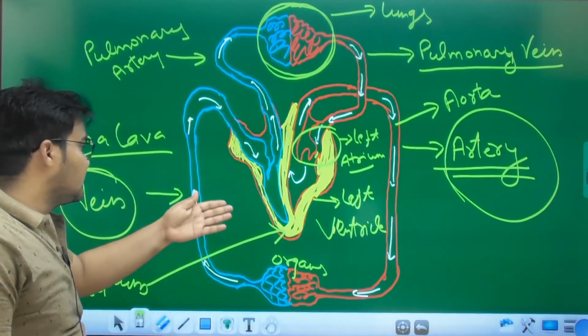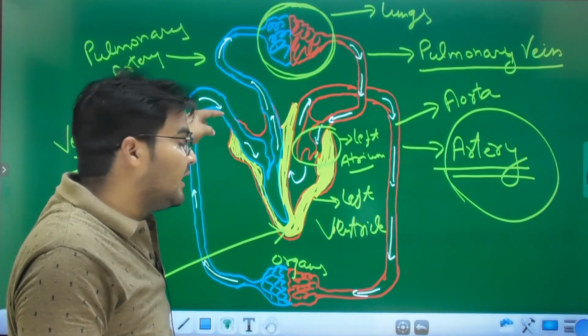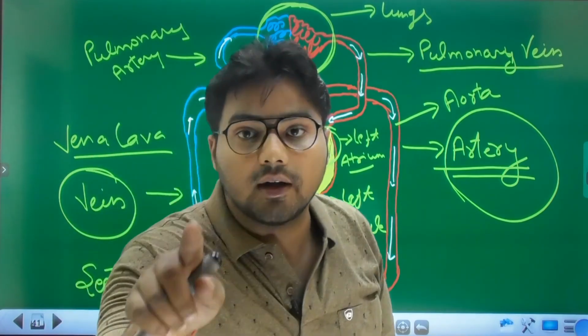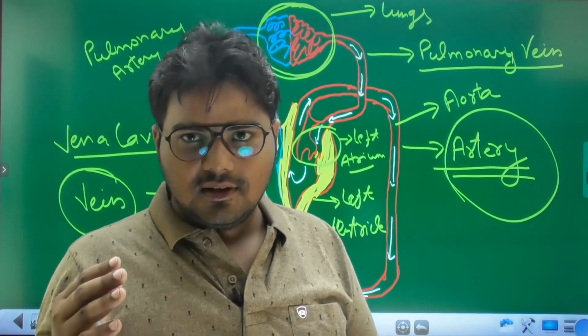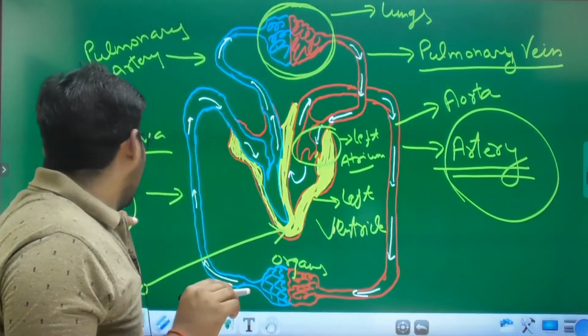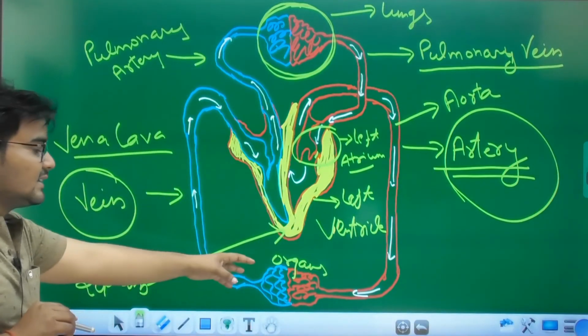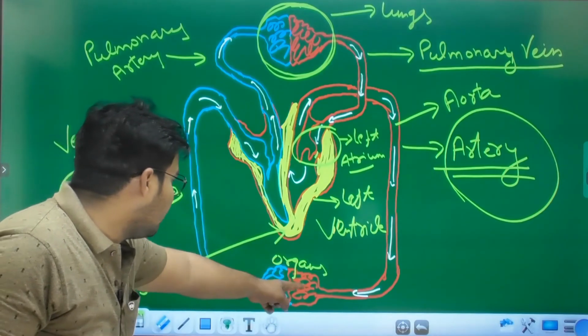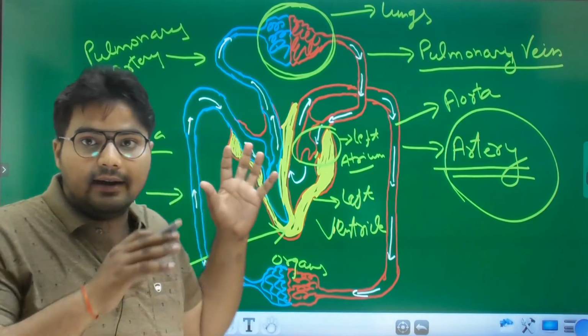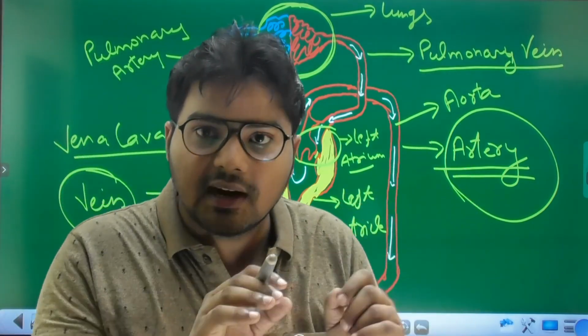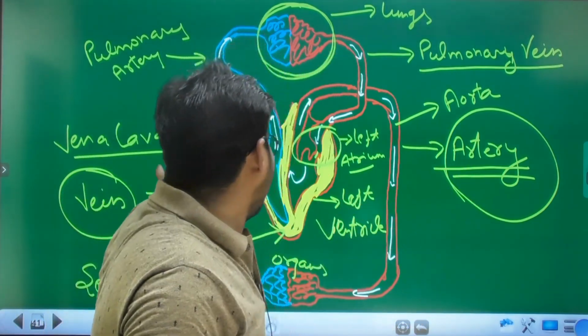The vein carries the deoxygenated blood into the right atrium. Clear? It is asked in exams which veins carry deoxygenated blood from all the organs to the heart.